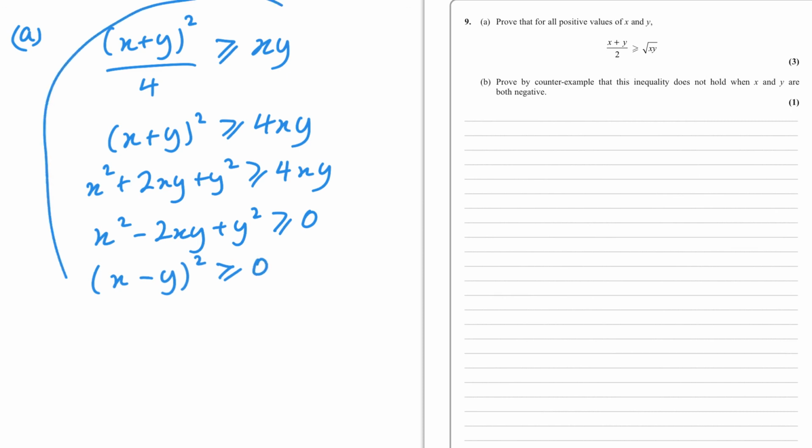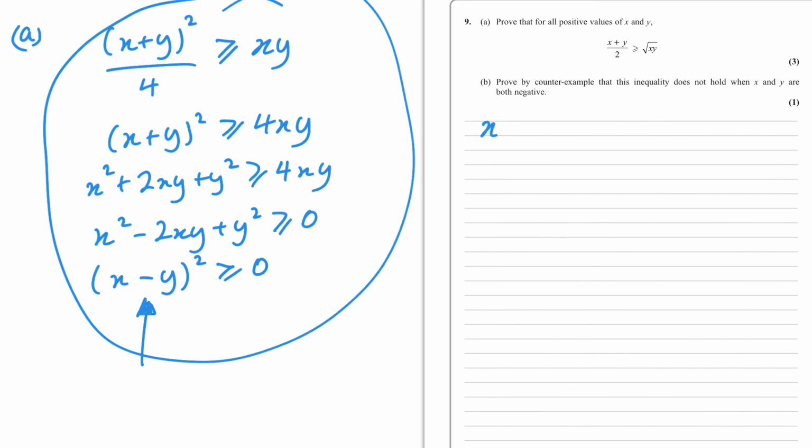So what I've done here is kind of just a bit of jotting, and this now is a good place for me to start my proof. So (x minus y) squared is greater than or equal to 0, because I always need to start the proof with a known fact.